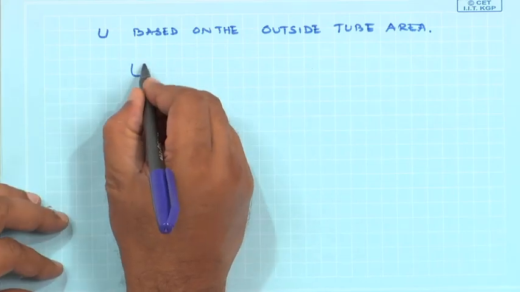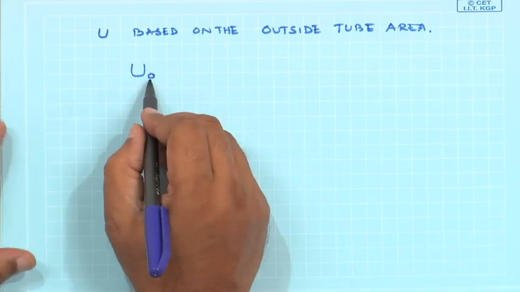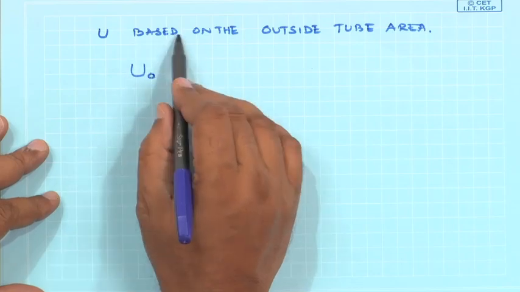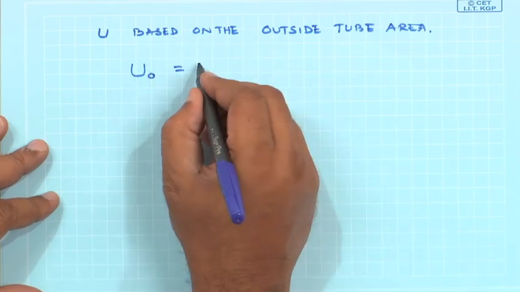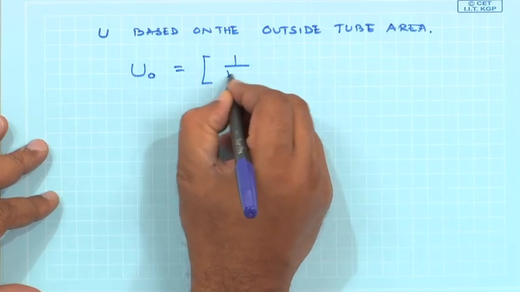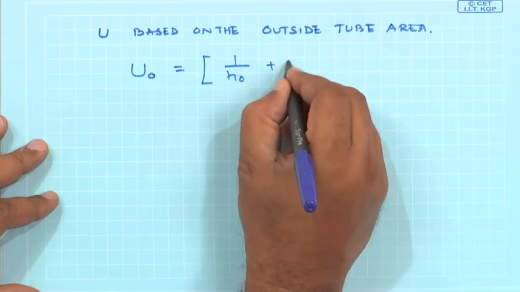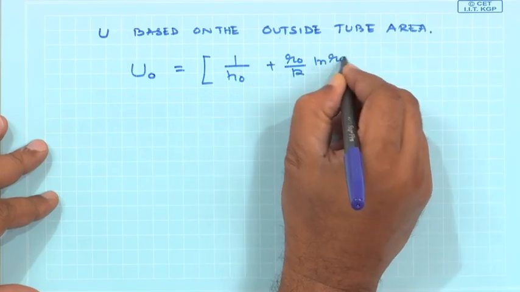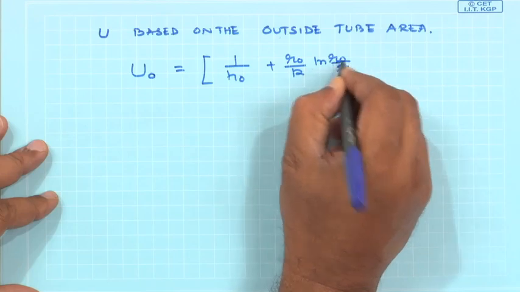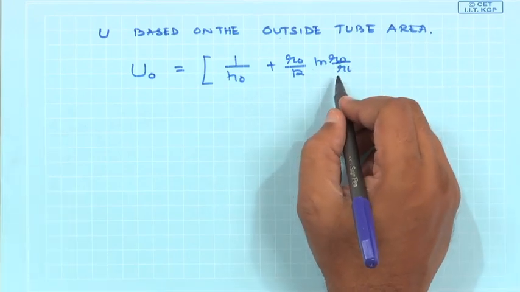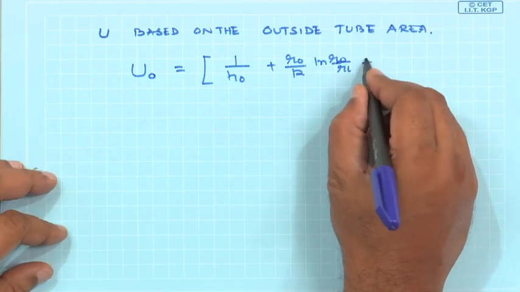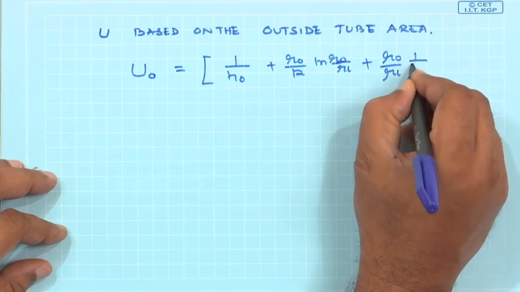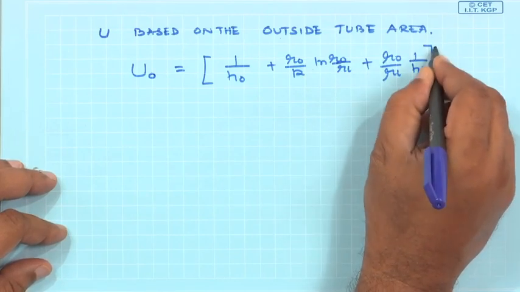This U with suffix 0, U naught, simply denotes that it is based on the outside tube area. So, this is 1 by h naught plus r naught by k ln(r naught by r_i), the conductive resistance, plus r naught by r_i times 1 by h_i, to the power minus 1.